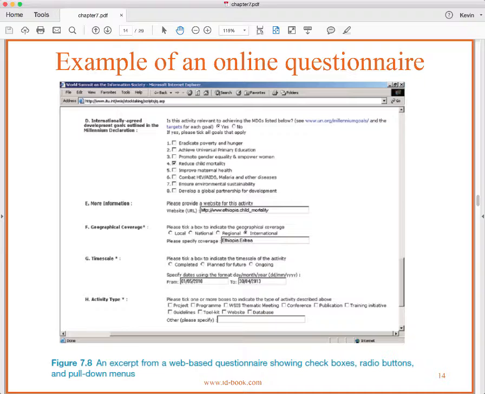So we've got checkboxes, we've got radio buttons, we can have drop downs, we can have choice of date dialogues, the whole bit. So there's a lot that we can do to improve the quality of the data that we get.